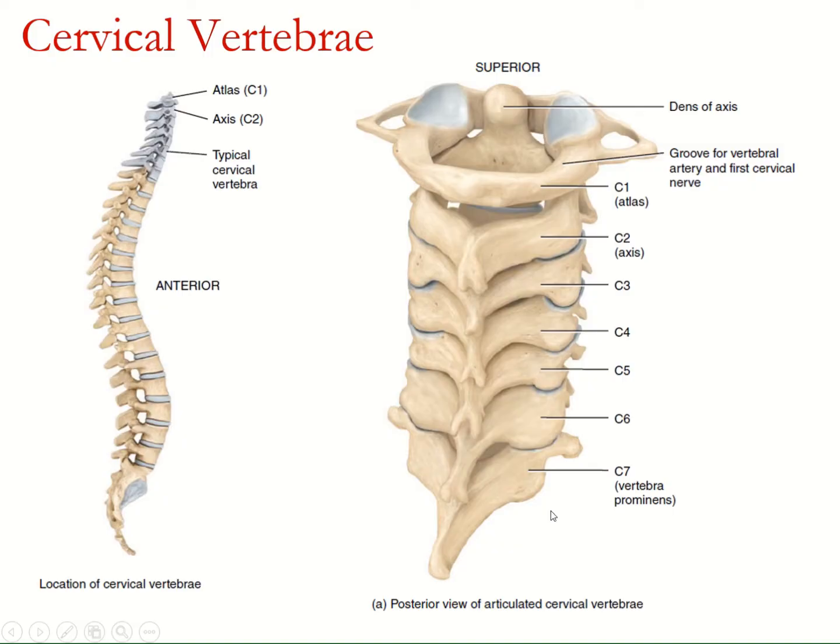This is called your vertebra prominens because it has a prominent-looking spinous process. Actually, when you reach for your back and locate your C7, or your vertebra prominens, you would be able to appreciate the prominent spinous process of your C7, or your 7th cervical vertebra.